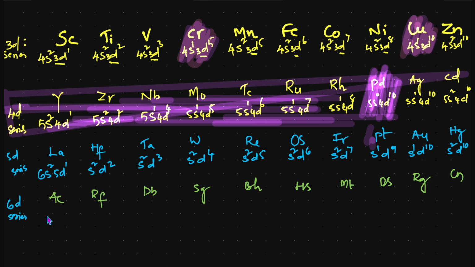The electronic configuration of actinium is 7s2 6d1.